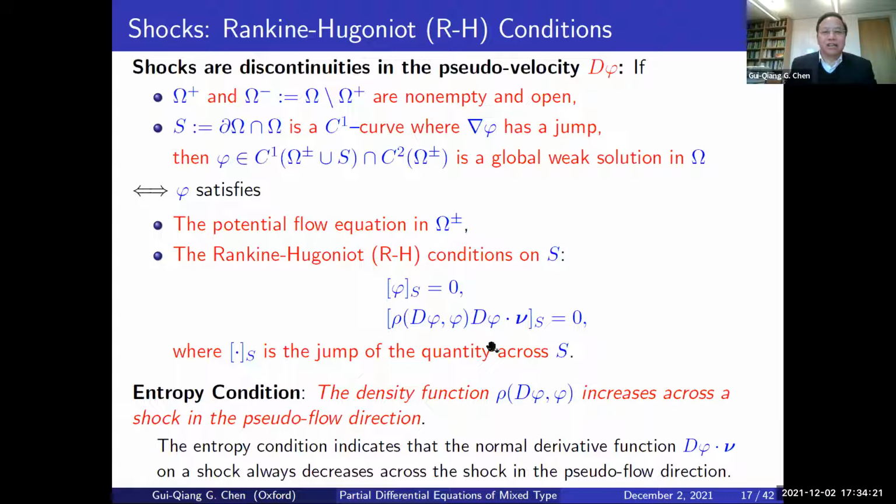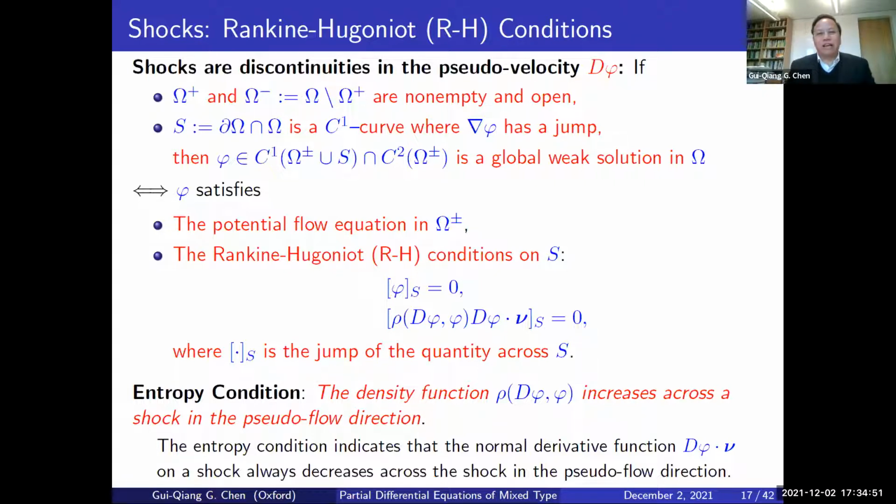The necessary and sufficient condition is these two jump conditions. Physicists call this the Rankine-Hugoniot condition, but mathematically we just want to put the two separate solutions together to become a global weak solution of the nonlinear PDE. Then this is a necessary and sufficient condition. But this kind of weak solution with jumps is not unique, so you require entropy conditions.